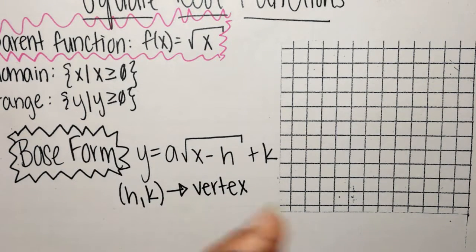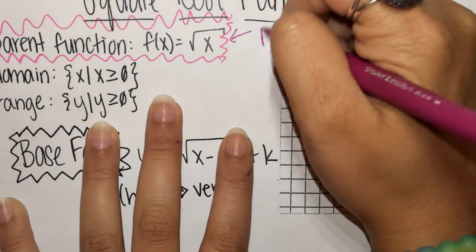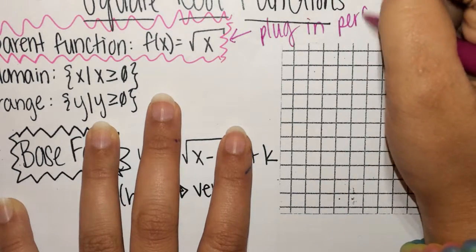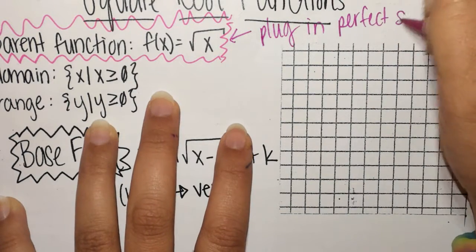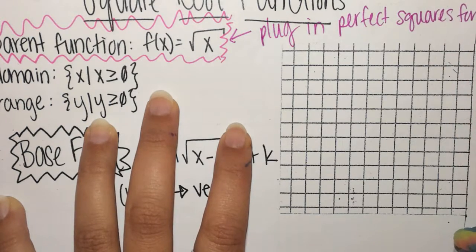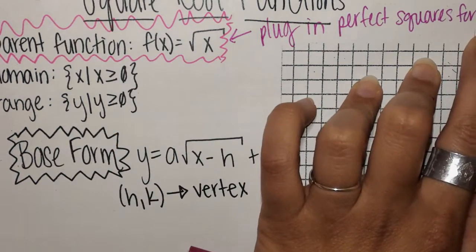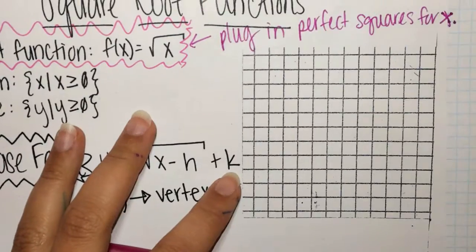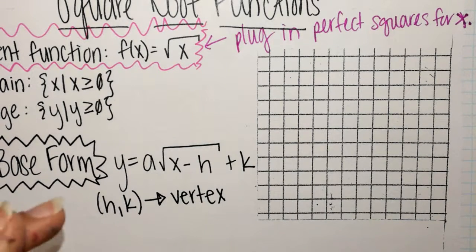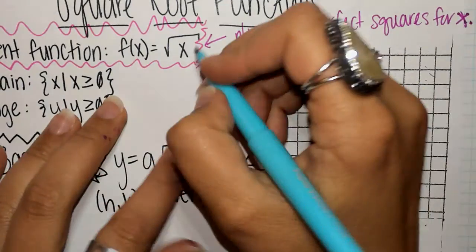Alright, so we are only going to plug in perfect squares for x. Everybody write that down. Plug in perfect squares for x. Now remember, it's just like what we did before where we plugged in x values and got our y values.